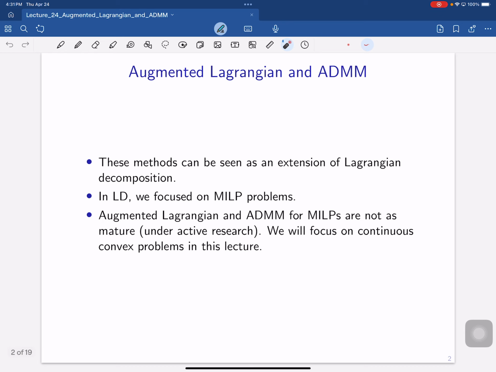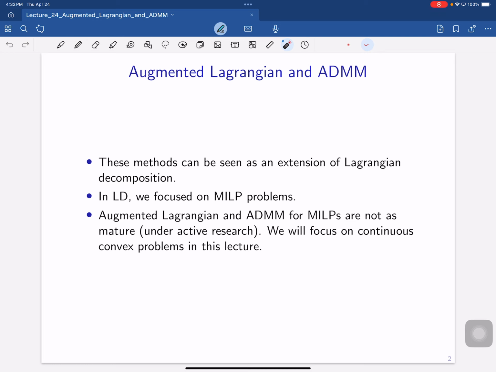So you can view Augmented Lagrangian and ADMM as an extension of Lagrangian decomposition we covered in the previous lecture. The only difference is that in this lecture, we will not focus on mixed integer linear programming problems.